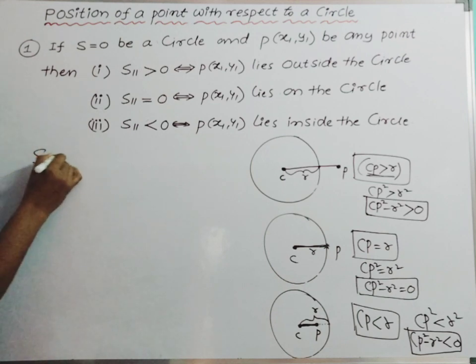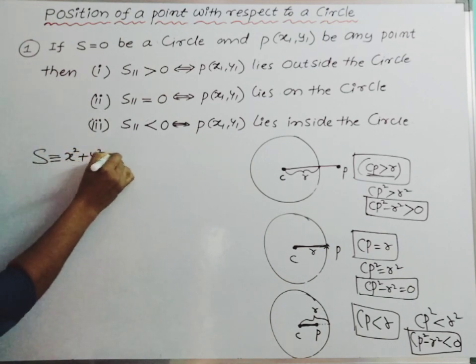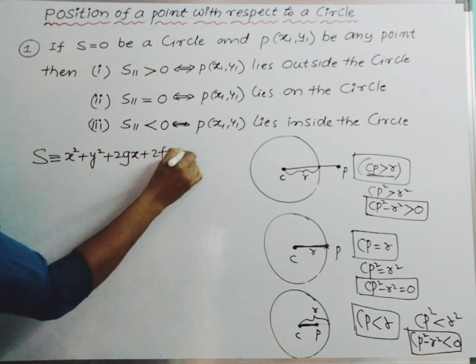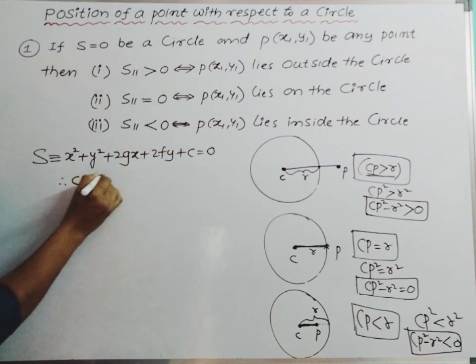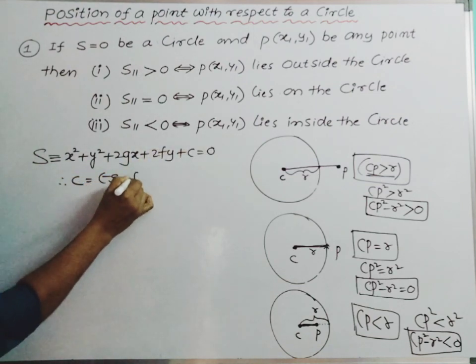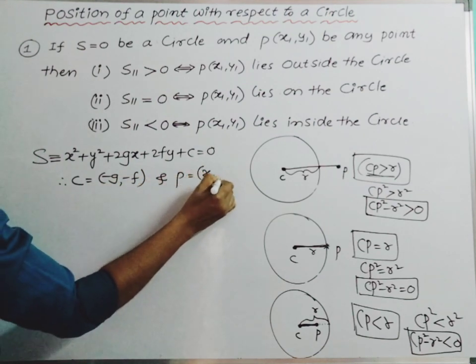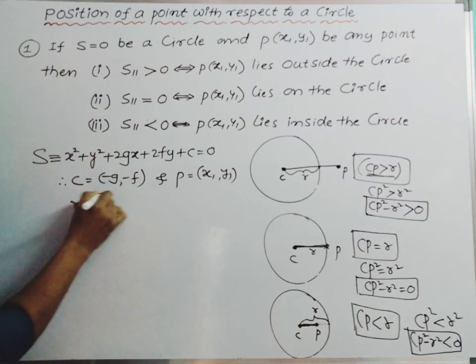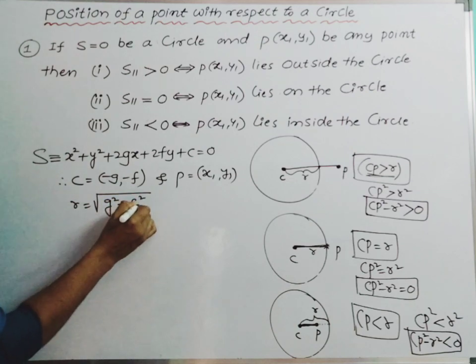S is a circle: x square plus y square plus 2gx plus 2fy plus c equals 0, and the center of the circle is C, that is (minus g, minus f), and P has coordinates (x1, y1). The radius of the circle is root of g square plus f square minus c.